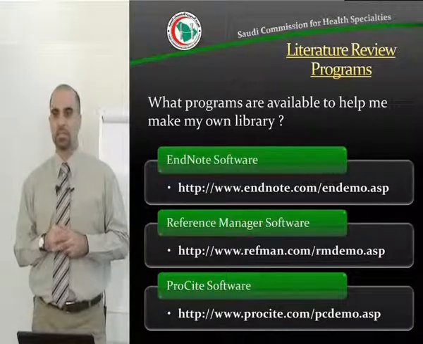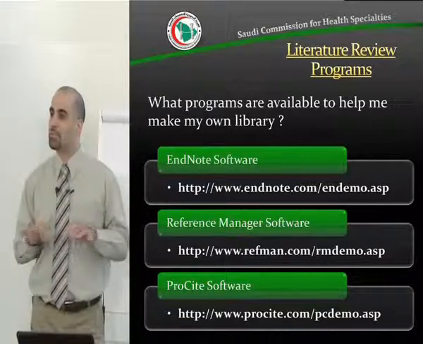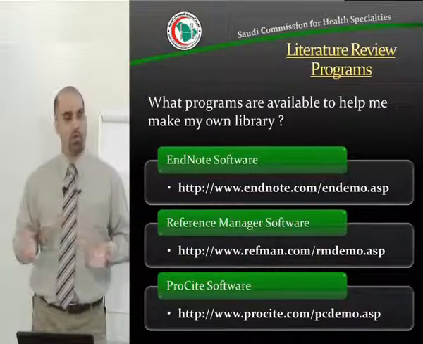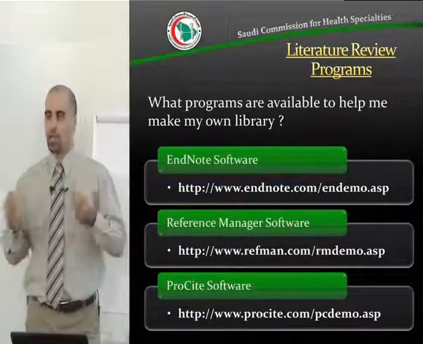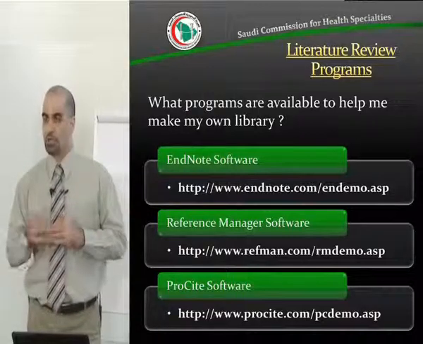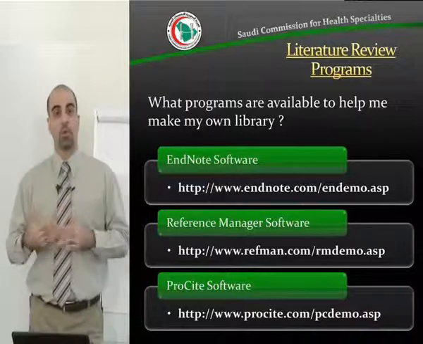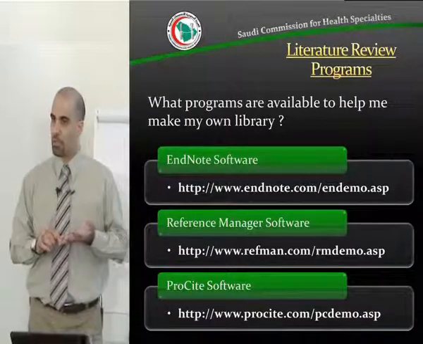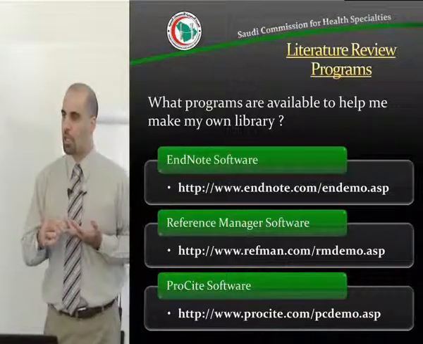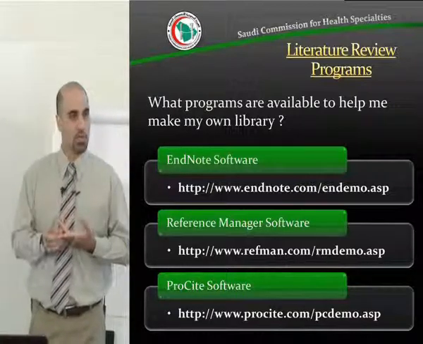But what's nice about it is that you do not have to write down the reference. For instance, when you are doing a literature search and you get a certain article carried out by a group of authors, when you are writing the paper, you have to put the author's name and the title of the project and the reference and the journal and so on and so forth.